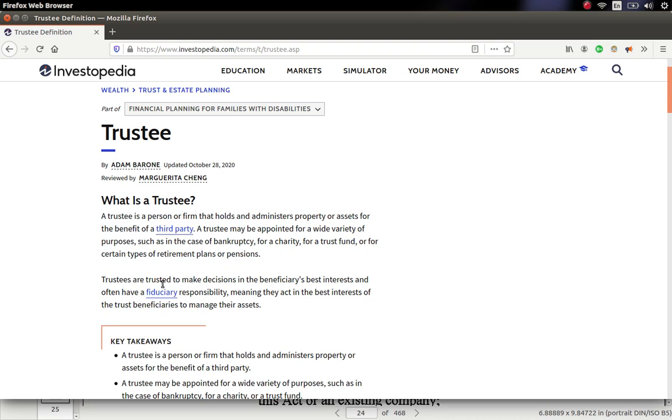Okay. Trustees are trusted to make decisions in the beneficiary's best interest and often have a fiduciary responsibility, meaning they act in the best interest of the trust beneficiaries or manage their assets.